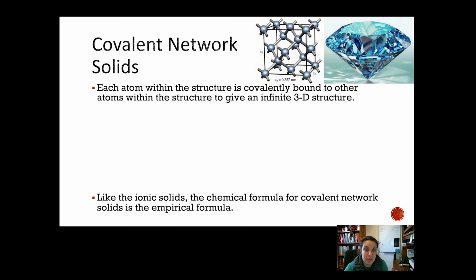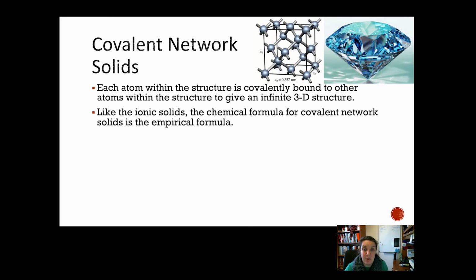So this is like an ionic solid in that our chemical formula for our covalent network solid will be the empirical formula. So if we have a covalent network solid that is elemental in nature, such as carbon, something like diamond or graphite or coal, all sorts of carbon solids, they are going to have just carbon as their empirical formula, so C. Silicon does the same thing.